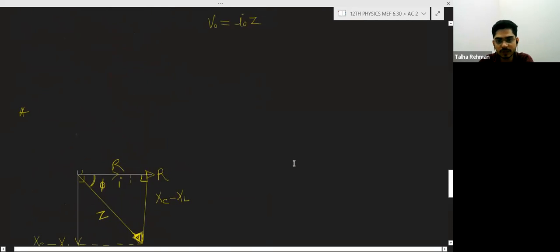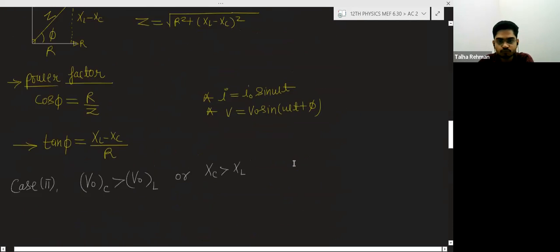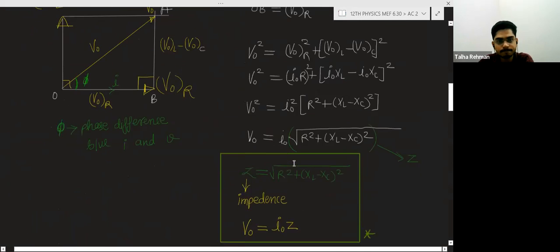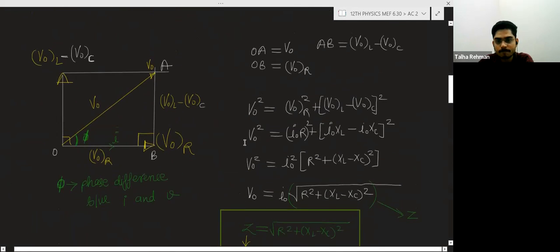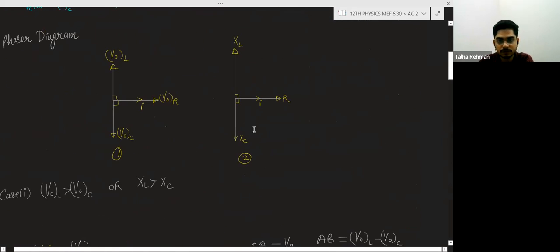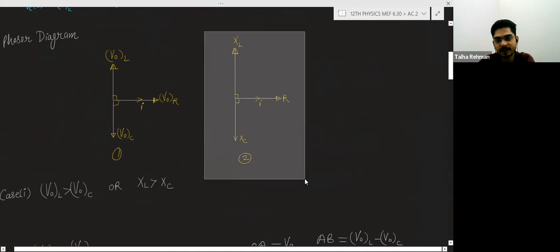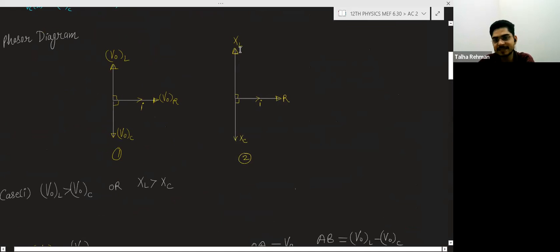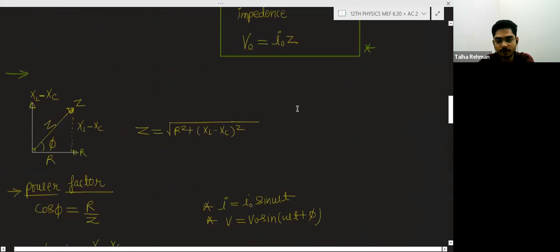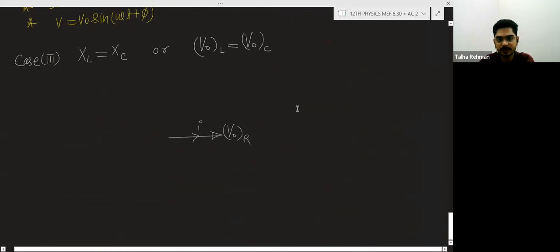Same will be the case for this diagram. This XC and XL will be cancelled out, so here will be only I and R. So this type of diagram you will get here.